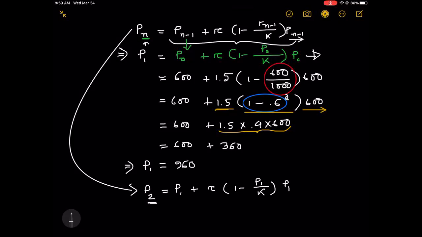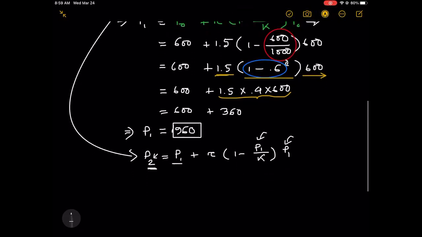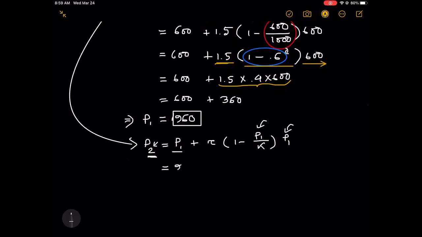So if you're calculating P2, we'll have P1s in these places, and we can derive the value of P1 and plug it back here. Now, if we solve it using the same idea, it's 960 plus 1.5 times 1 minus 960 over 1,000 times 960, and we'll get 1,018.